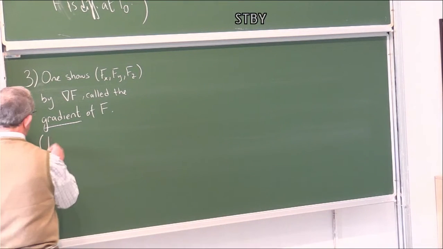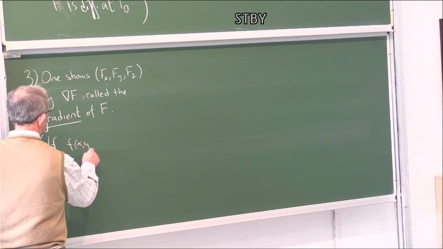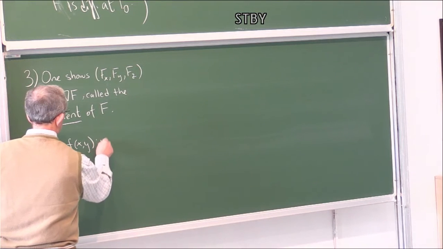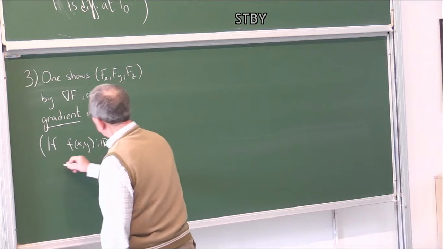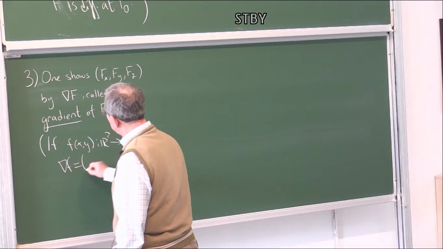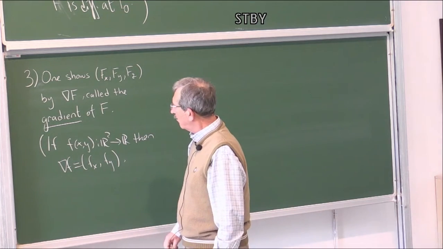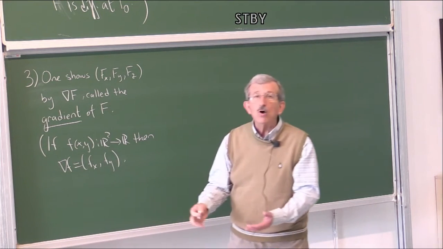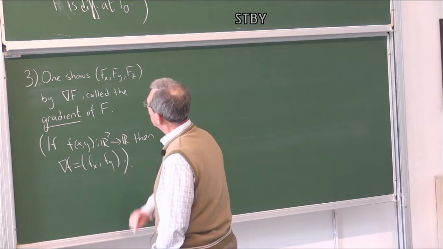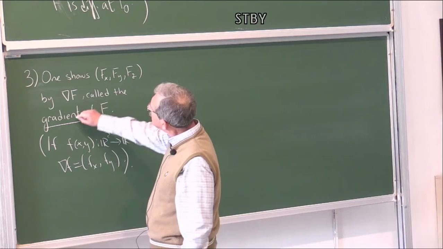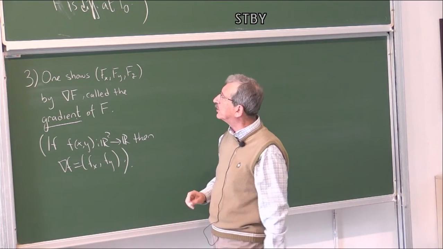So, if we only have f of x, y from R2 into R, then again, gradient f simply means f sub x and f sub y. But you can generalize it to Rn as well, which we will not do here. So the gradient is a short way of writing this sequence of partial derivatives.